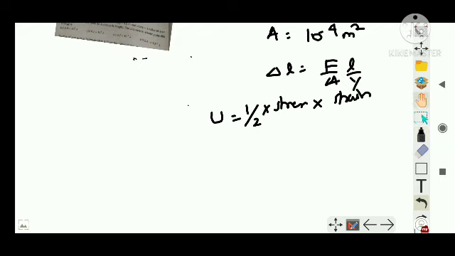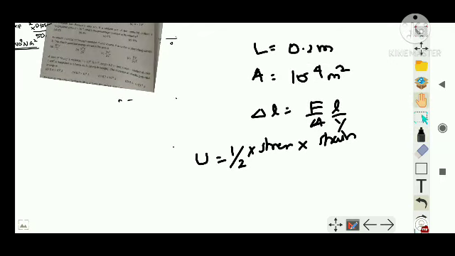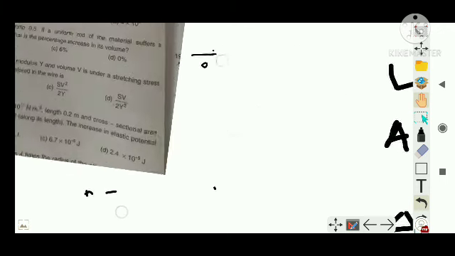So what and all has been given? You have given force, right? So force can be used for calculating stress, force by area, right? So force per unit area. 49 Newton has been given, no? Subjected by force.